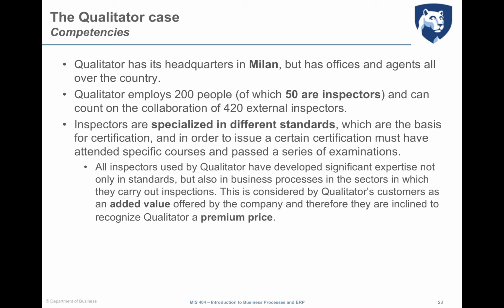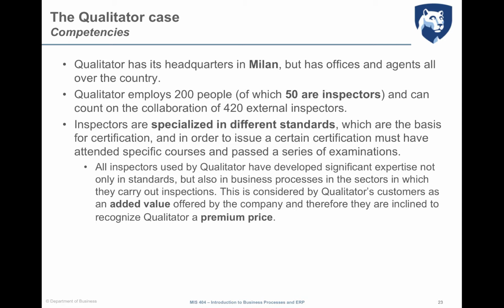Qualitator is an Italian company. 200 people work in this company, and in particular, the core job profile is the inspector, the people specialized in the different quality standards, who are then the actors delivering the service to the final customer.